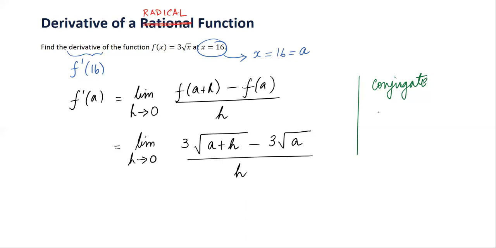So if I had, for instance, a plus b, its conjugate will be a minus b, right? So technically, a conjugate is equal and opposite to what you start, okay? So you have the same a and b, the same players, they haven't changed. But one was a plus in between, the other was a minus.